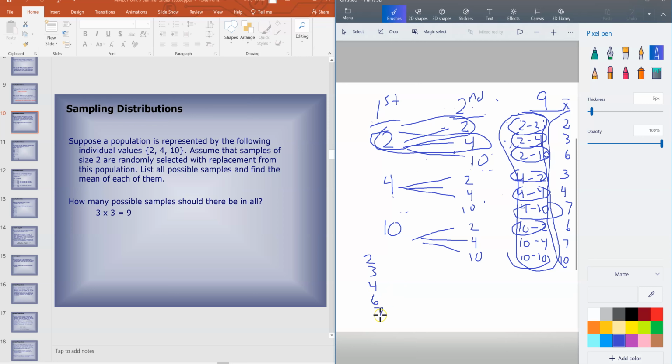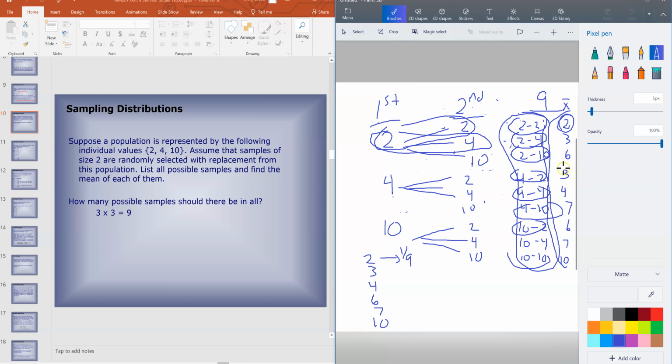But to get their probabilities as simplified fractions, I want to notice that out of all of these 9 possibilities, only one is a 2 up here.